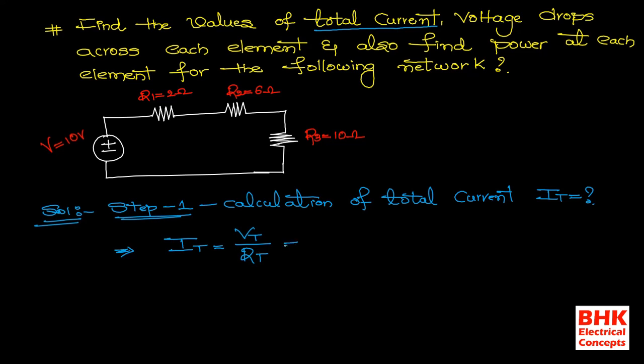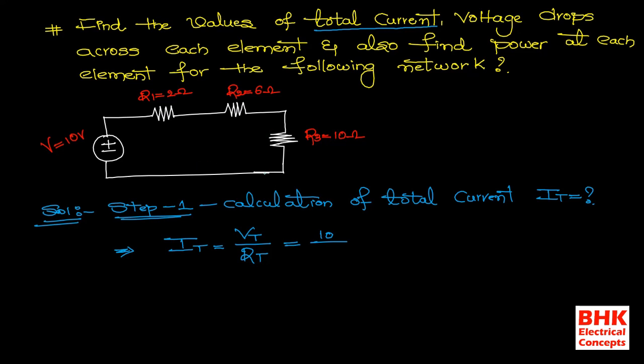Now see here, the applied voltage VT is 10. For RT, while calculating the total resistance, we need to observe whether all the resistances in the given network are connected in series, in parallel, or in a combination.